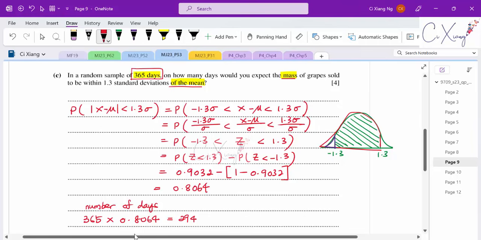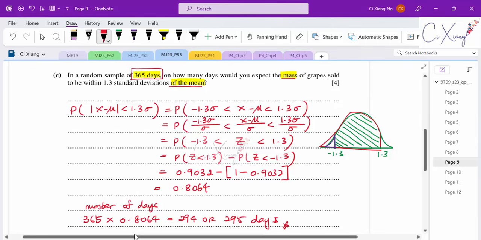No matter whether it is 294.5 above or 0.4 below, basically they will accept the integer before and after the value that you get. So for number of days, it should be an integer, and you can write either 294 or 295 days as your answer.